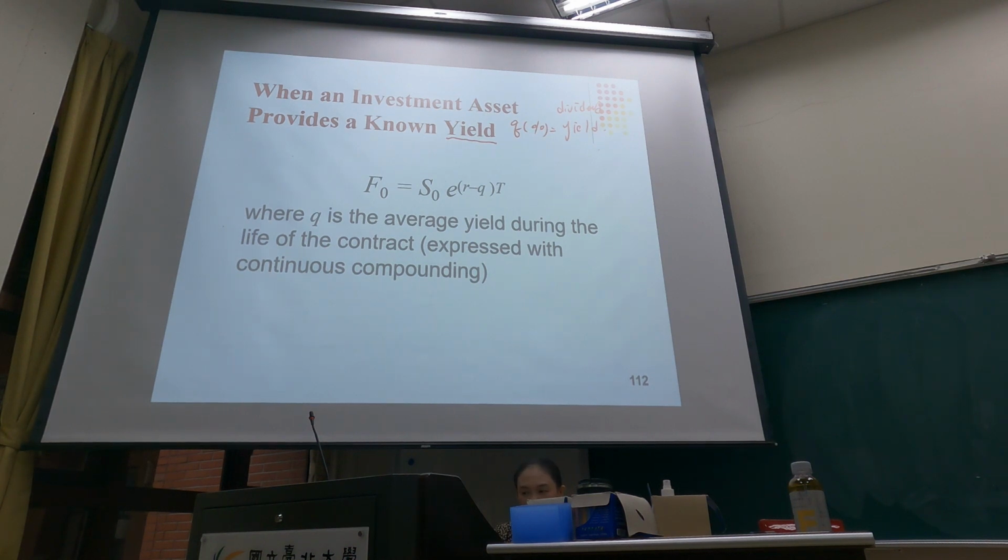You are adjusting for it here. So remember, it's still an income. So you mark down your price in the futures or forward pricing model, where Q is the average yield during the life of the contract, expressed with continuous compounding. So far so good, yeah?